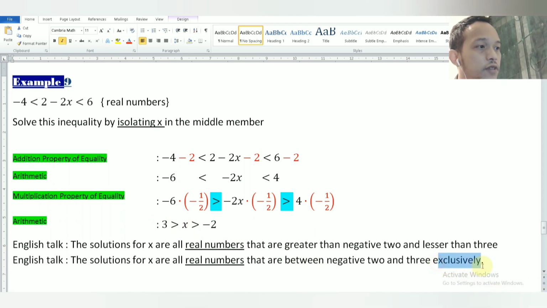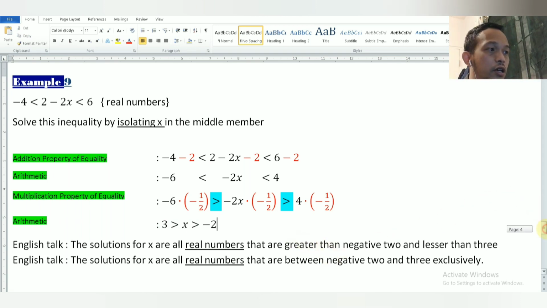Again, exclusively means it's not included. The -2 and 3 is not included. It's just the border. If we are speaking about real numbers, all real numbers that are really close to -2 and 3 inside the area will be included.